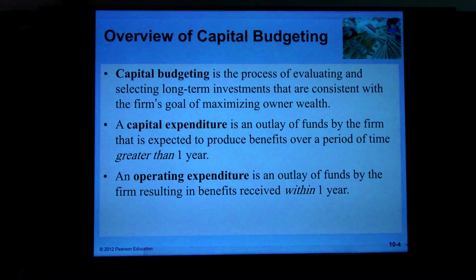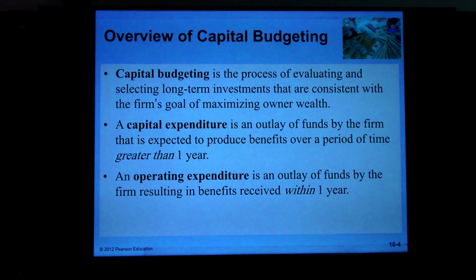It's called capital expenditure. Capital expenditure is an outlay of funds by the firm that is expected to produce benefits over a period of time greater than 1 year. However, the operating expenditure is an outlay of funds by the firm resulting in benefits received within 1 year.